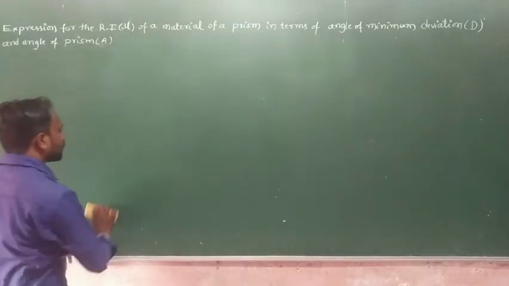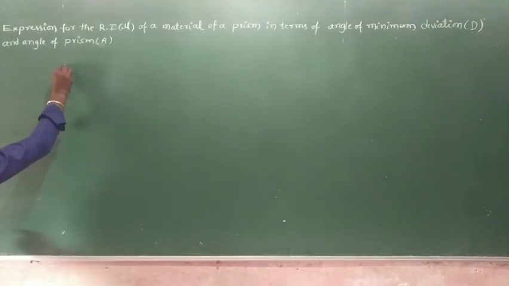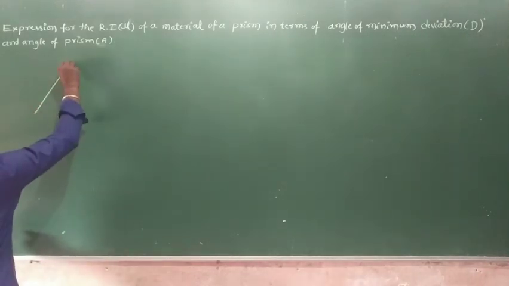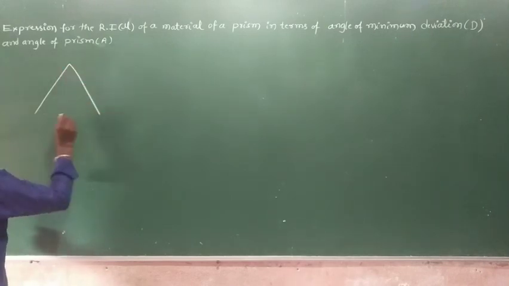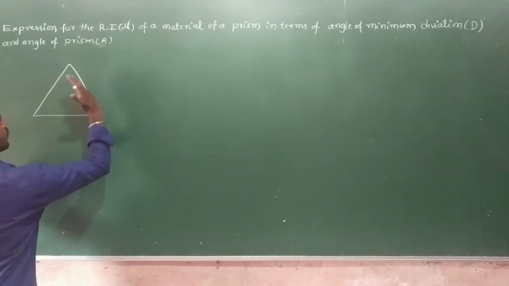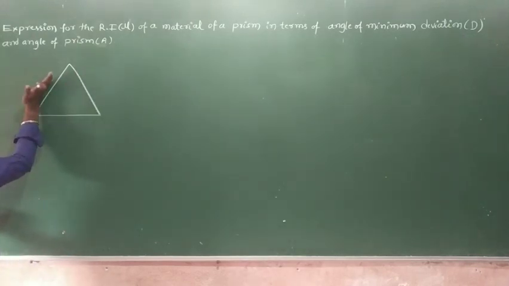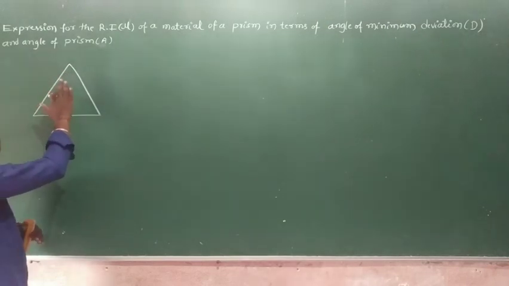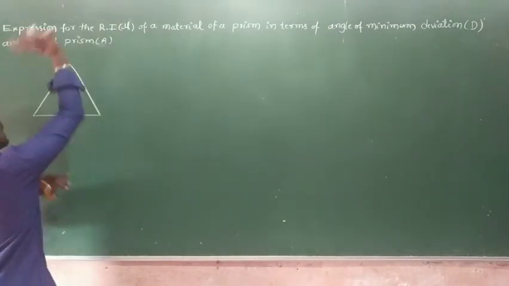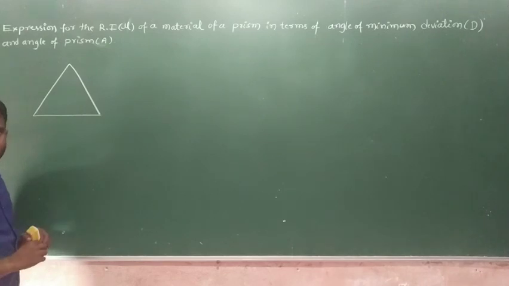Here we consider that this one is a prism. One refracting surface, another refracting surface, and this one is the base. This side is one triangular face, and the other side is another triangular face.